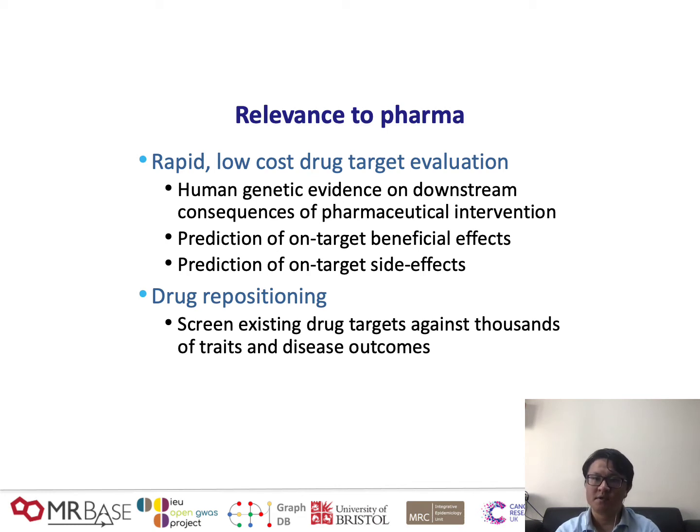MR can be used to rapidly evaluate the potential downstream consequences of pharmaceutical interventions, which include, first, prediction of on-target beneficial effects, second, prediction of on-target side effects, and third, opportunities for drug repurposing.